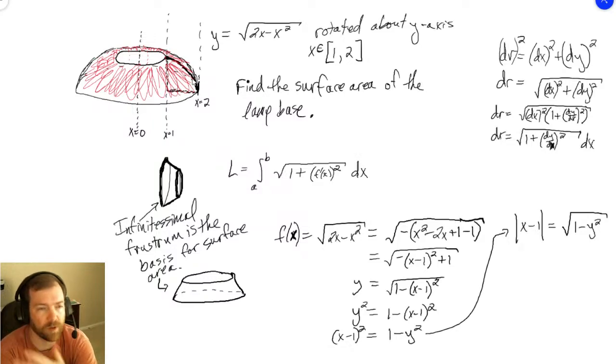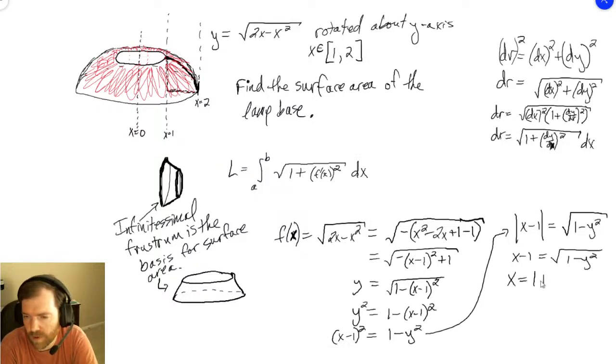Right, x is going to be greater than 1. So this is going to be positive. If we just have it be x minus 1, this is square root of 1 minus y squared. This is x equals 1 plus square root 1 minus y squared.